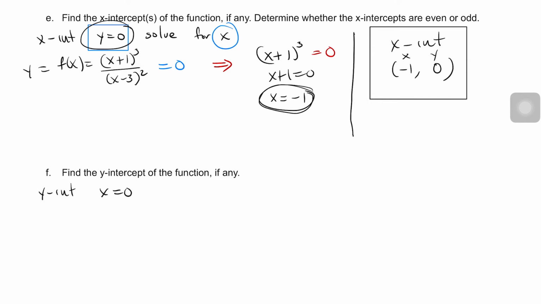Similar argument for the y-intercept. That's going to happen whenever x is equal to 0. If you want to find the y-intercept, you're looking for a point on the graph where it crosses this line, and for that, x is going to be equal to 0. So we're going to solve for y.